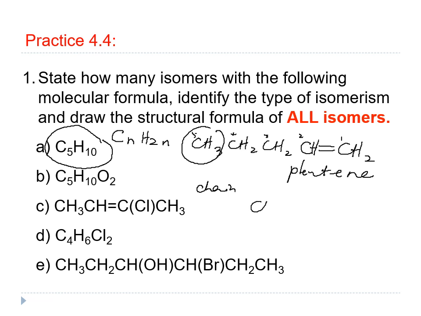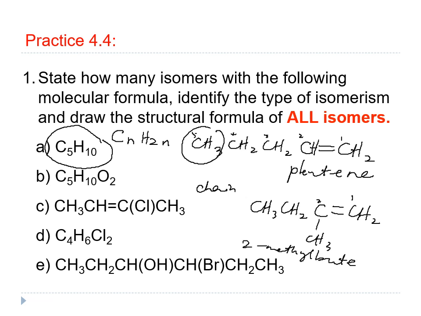So CH3, CH2, and then this is where we want to put a branch, and then we have the double bond still over here. So this would be named as, this is carbon number 2, so 2-methylbutene. So this is a chain isomer for pentene. All right.